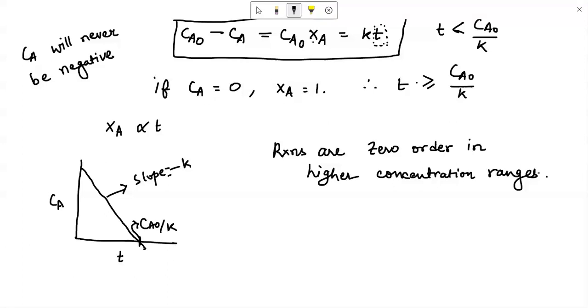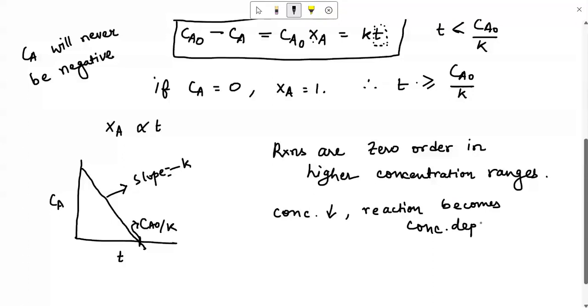But if the concentration starts to decrease to that extent, then the reaction becomes concentration dependent, and consequently the order of the reaction rises from zero.